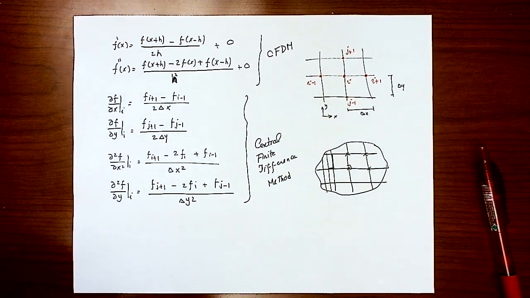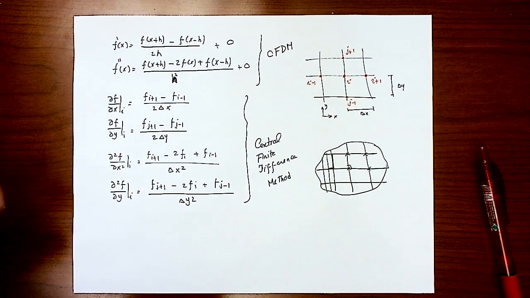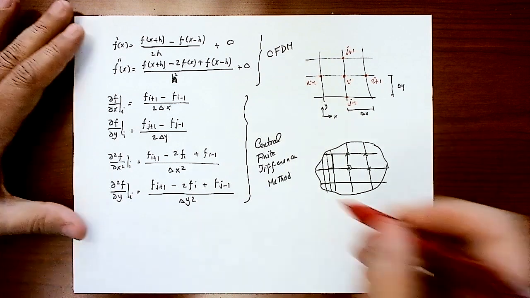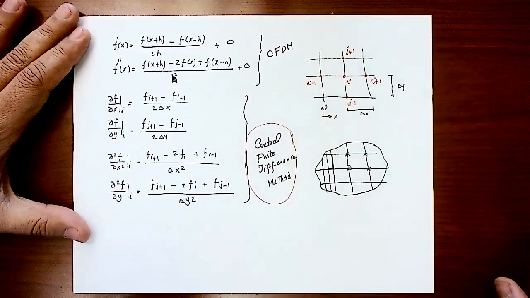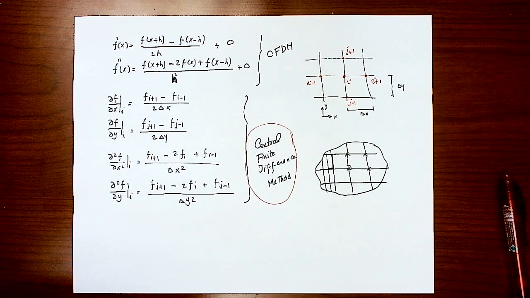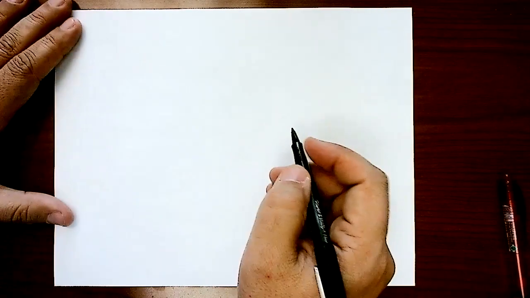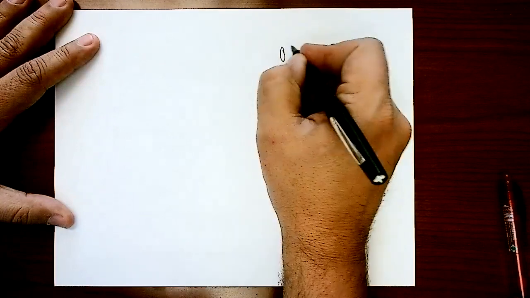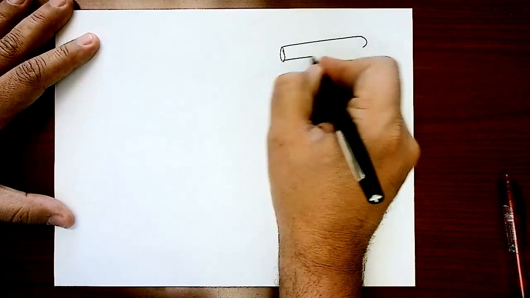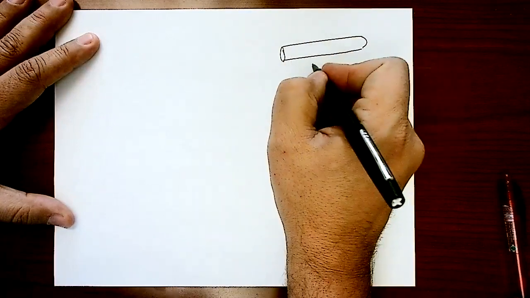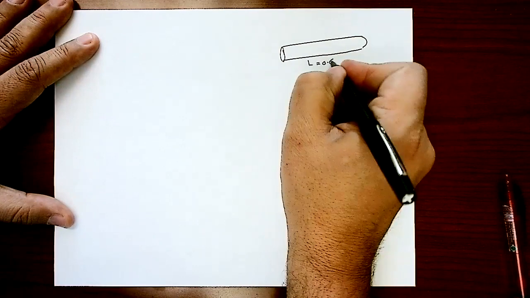Let's jump into an example to see how we can actually apply the central finite difference method. This is what we're going to stick with all the time because of the improved error. So let's assume that we have a bar that has a total length of 0.6 meter.